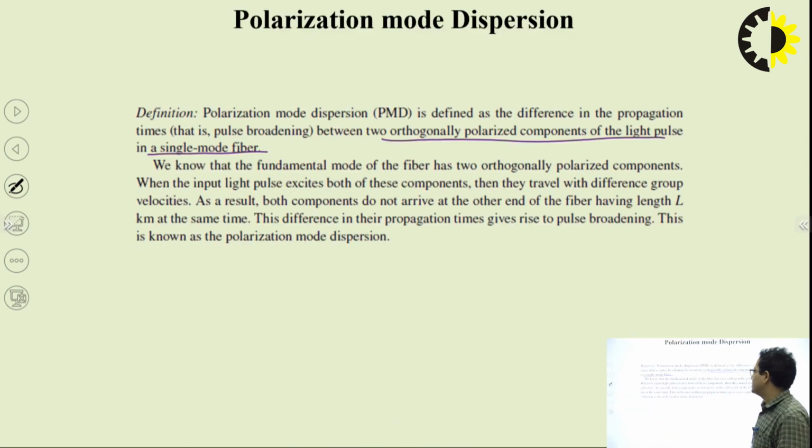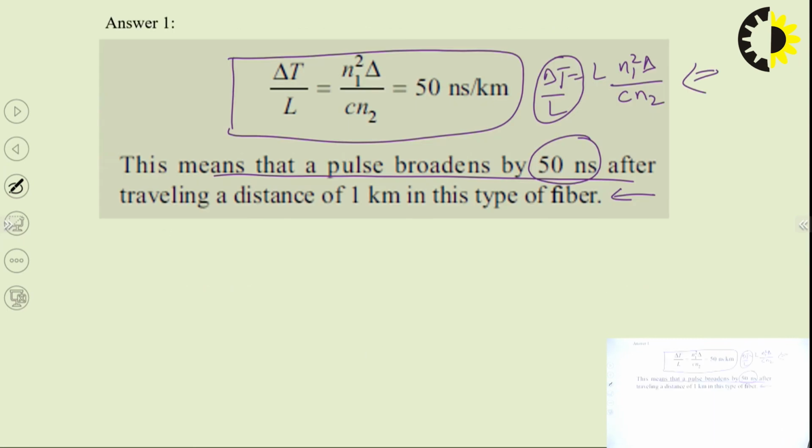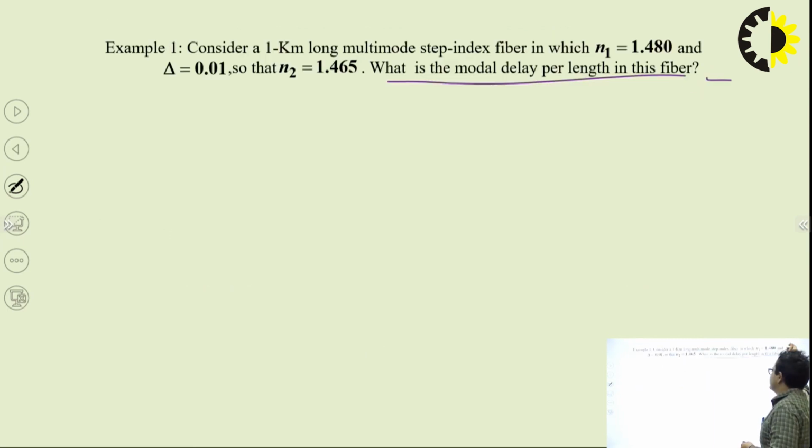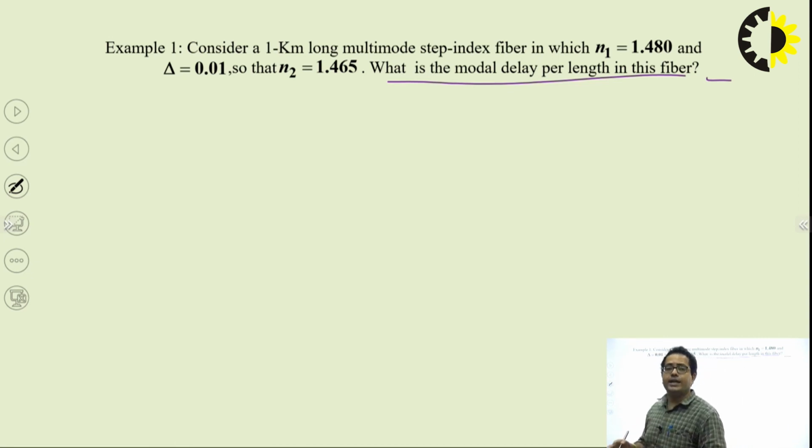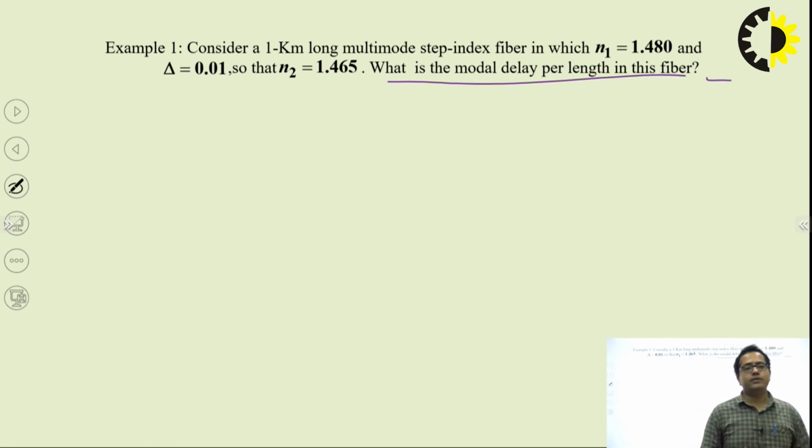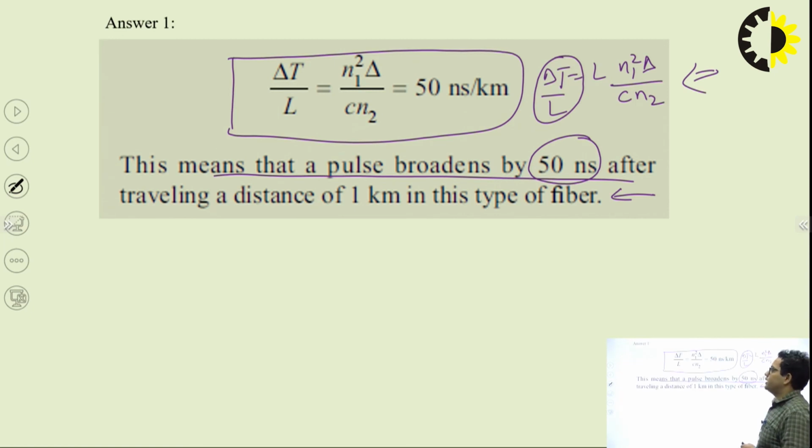We also took numericals and applied the concept of modal delay with the help of an example. We calculated the modal delay per unit length in the fiber, that is, the modal delay that will occur through the multimode fiber.